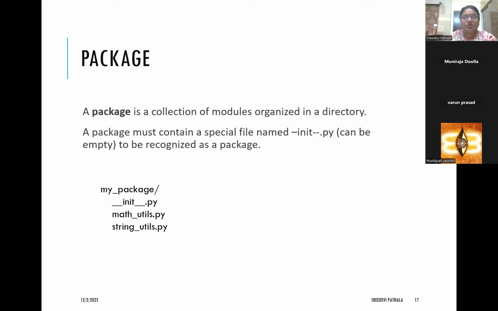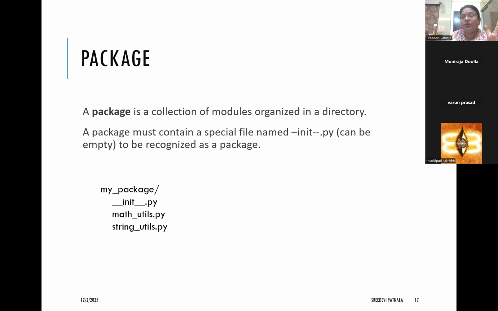So what are the steps to do it? A package must have a special file name called double underscore init double underscore dot py. This can be empty, or you can simply print initialization started, or whatever you want to give, which makes it a package. Basically, you have to create a folder.